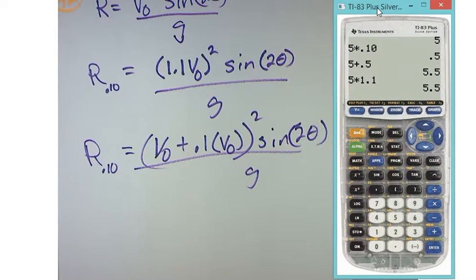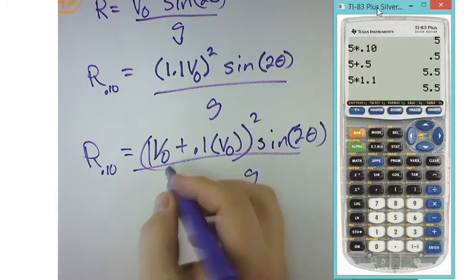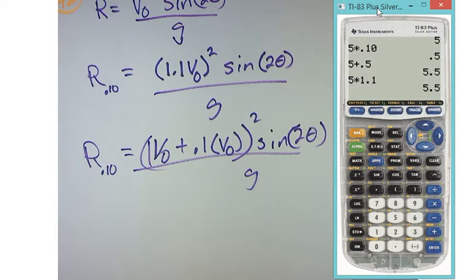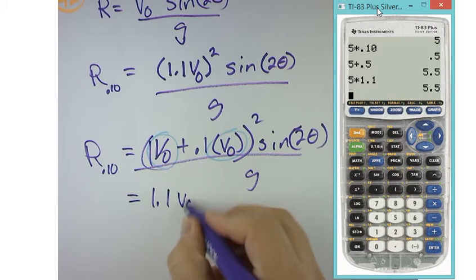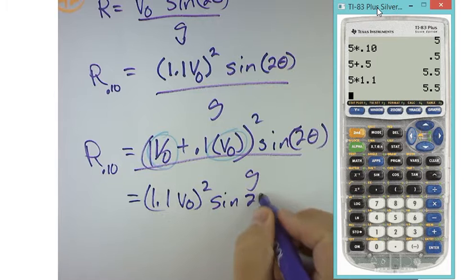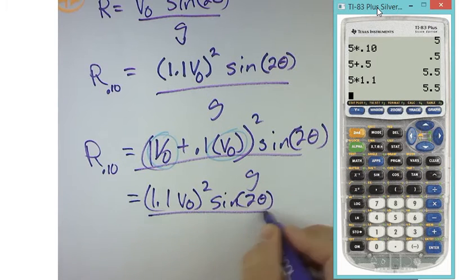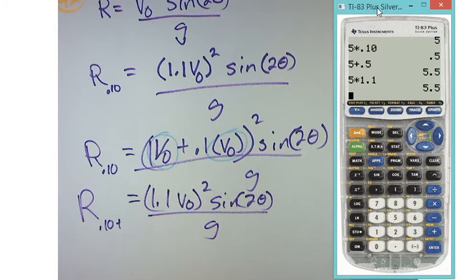If I factor out the v naught, what am I left with? I'm left with 1.1 v naught squared sine of 2 theta all over g, and that would be my new range with the 10% increase.